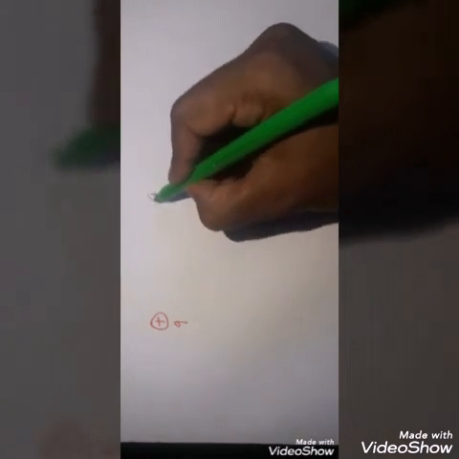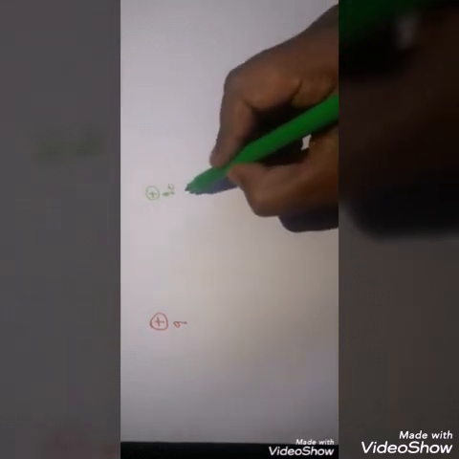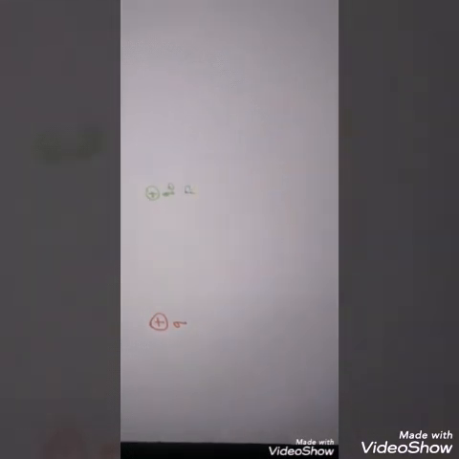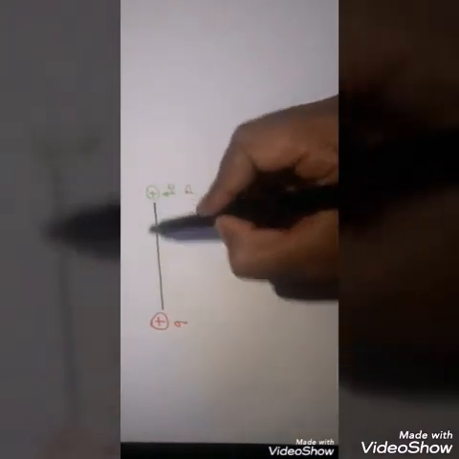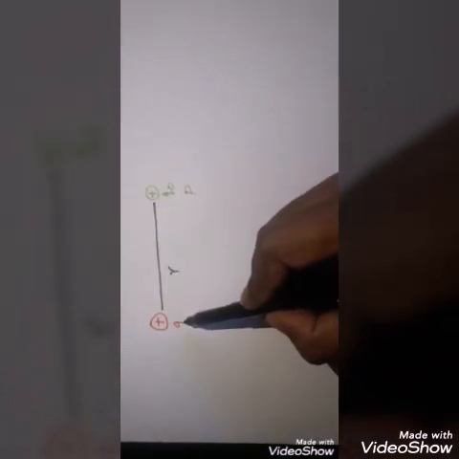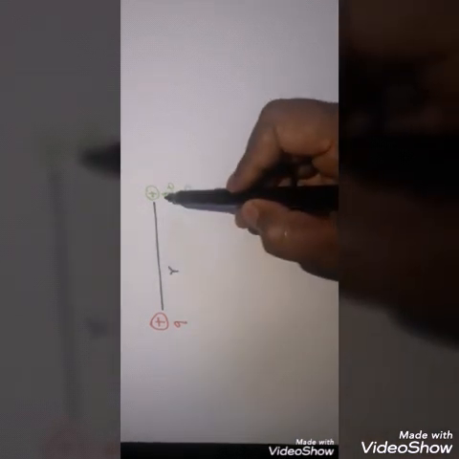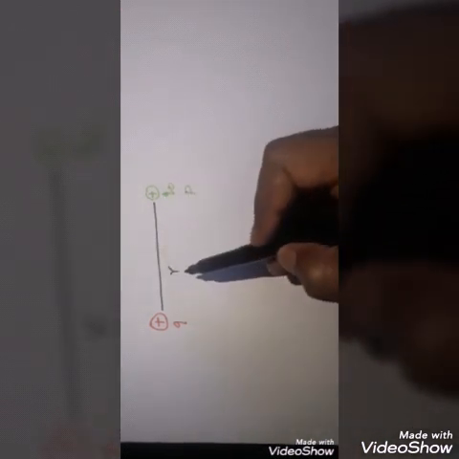Another point charge Q0 is placed at some point P, which is at a distance R. This is a point charge present in space, and the other point charge Q0 is called the test charge, which is present at a distance R.